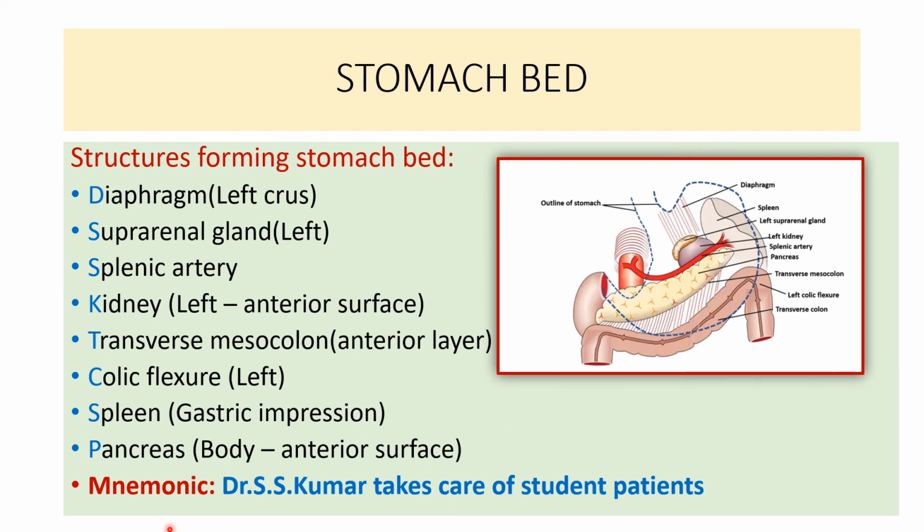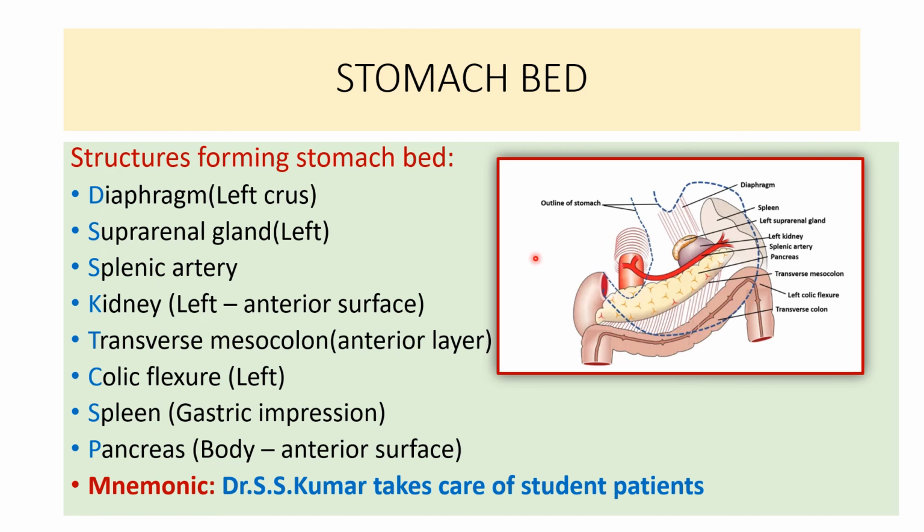There is a mnemonic for those who cannot remember them: Dr. S.S. Kumar takes care of student patients. Take the D, the two S, the K, the T, the C, the S and the P, and see the structures.